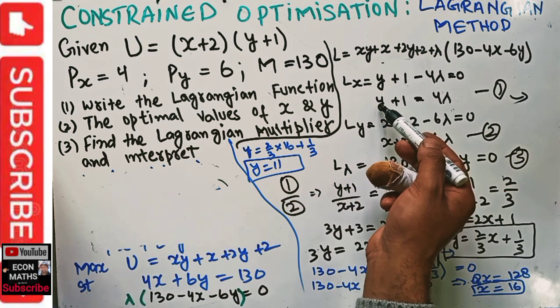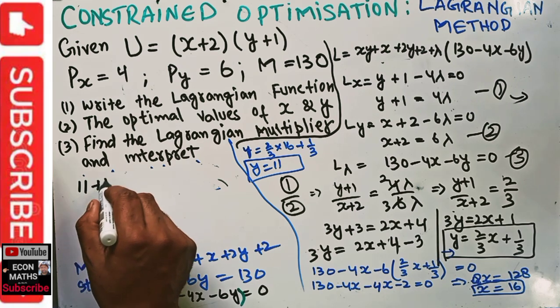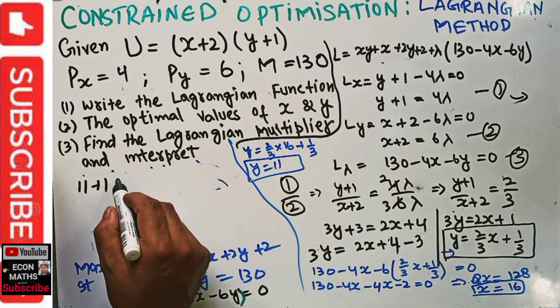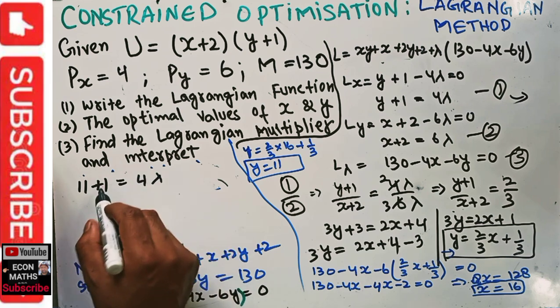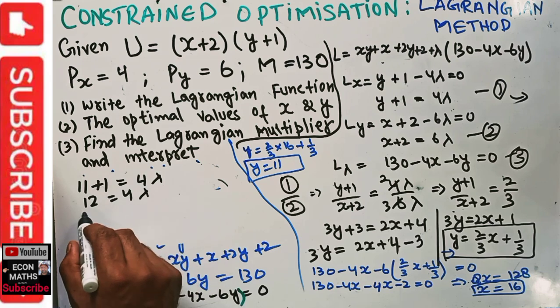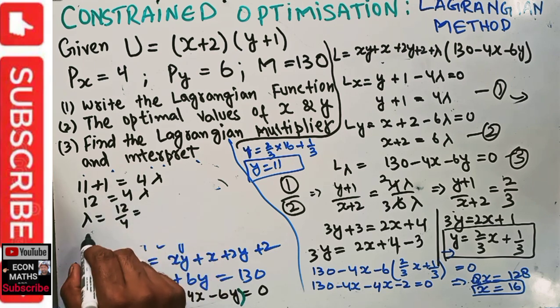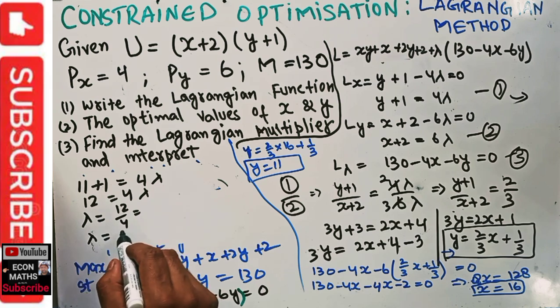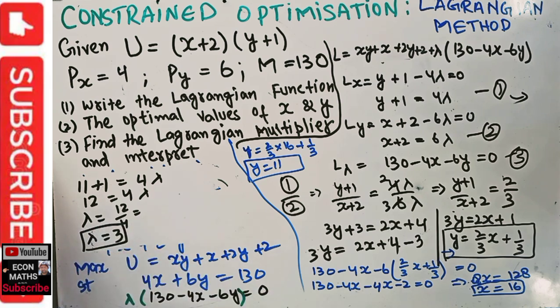In place of y, we write the optimal value, which is 11, so 11 plus 1 is equal to 4 lambda. So 11 plus 1 is 12, equal to 4 lambda. That gives us the Lagrangian multiplier equal to 12 upon 4, which gives us Lagrangian multiplier equal to 3.